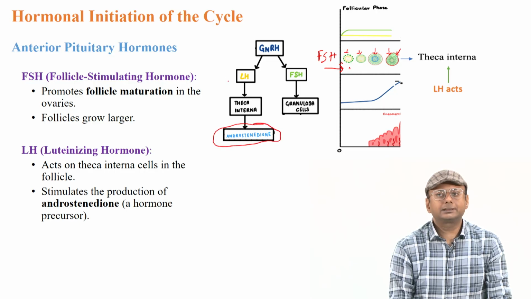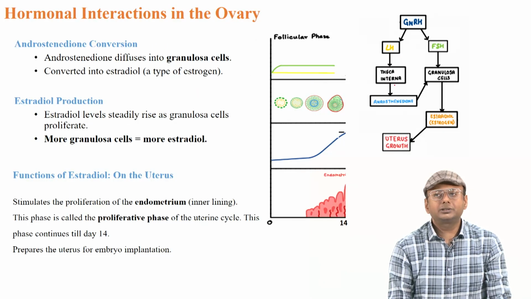So LH acts on the theca interna cells, and after they get stimulated by the LH, they secrete a precursor molecule of estrogen called androstenedione. Now this androstenedione affects the granulosa cells, and once it diffuses inside the granulosa cells, it converts to a molecule called estrogen or estradiol.